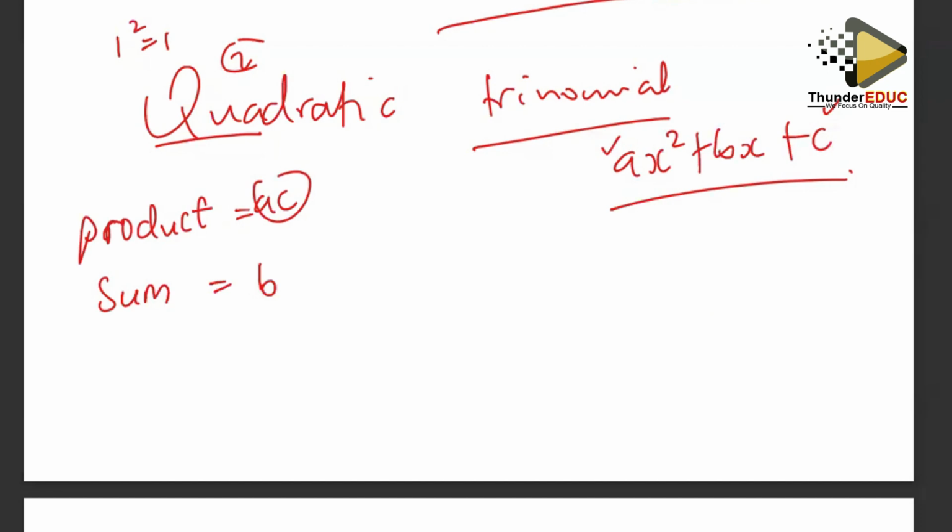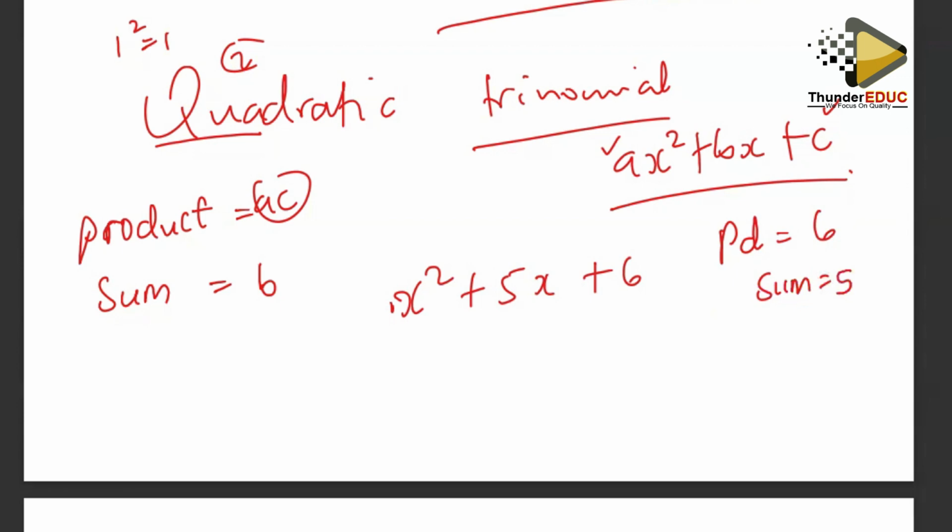An example, if we have x squared plus 5x plus 6. Will that make sense? Yeah, it should. So there is a 1 in front of the x squared, which means our a is a 1. So 1 times 6 simply means that our product is a 6, but our sum is a 5. So what we do is look at the product. We look for numbers, positive and negative, that multiply to give us a 6.